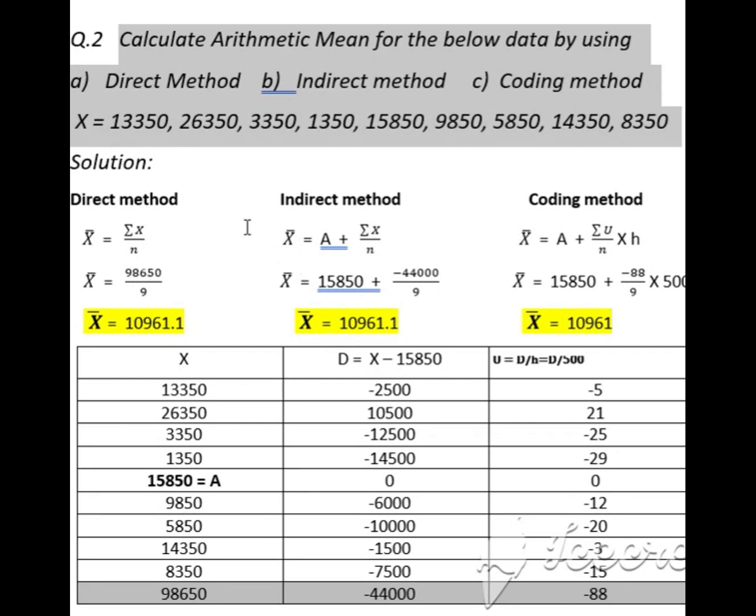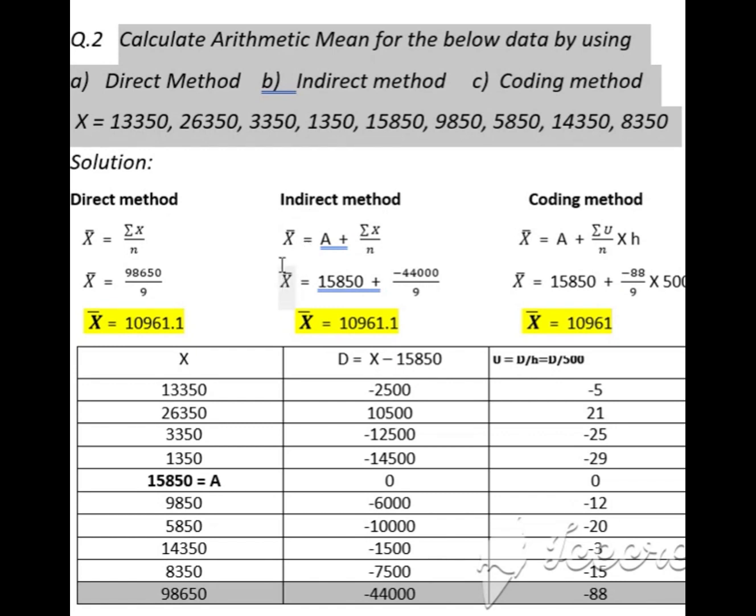Let me also explain why sometimes we use the direct method, and sometimes the indirect and coding methods. The indirect method and coding method are used only for simplicity of the numbers or the calculation. If you are given very big numbers in practical life, the calculation is a little complicated.